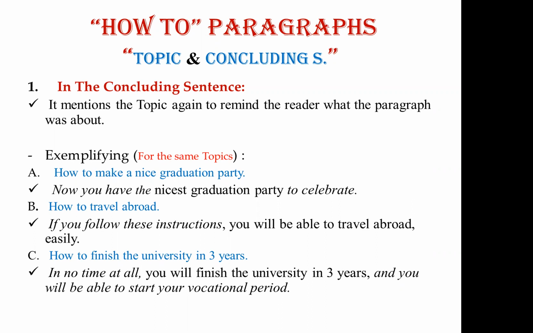Now you have the nicest graduation party to celebrate. How to travel abroad: if you follow these instructions, you will be able to travel abroad easily. How to finish the university in 3 years: in no time at all, you will finish the university in 3 years, and you will be able to start your vacation period.